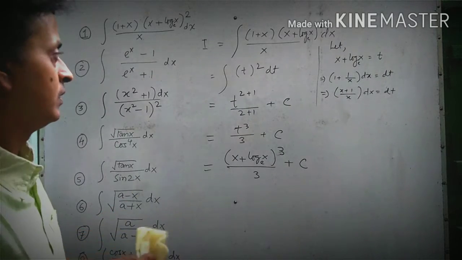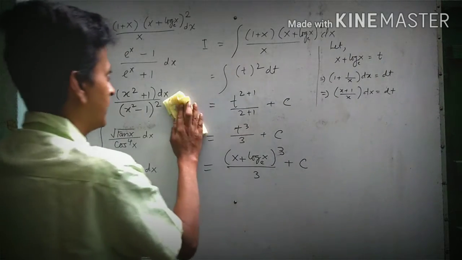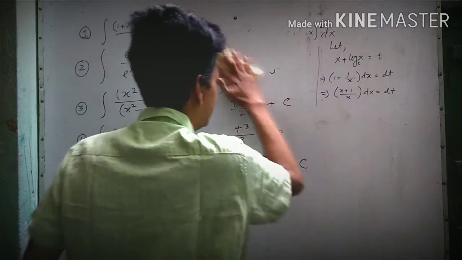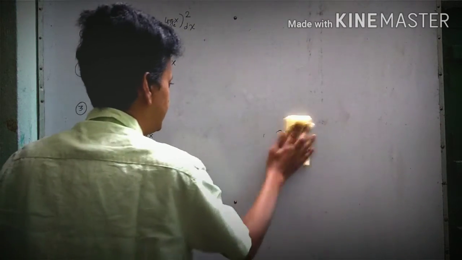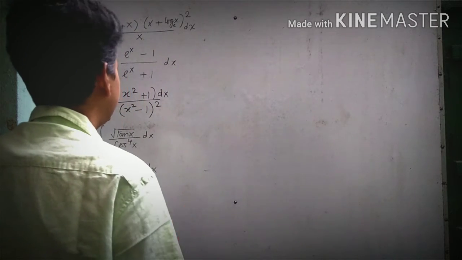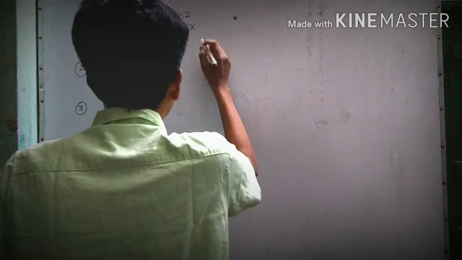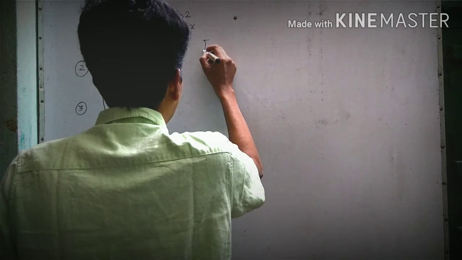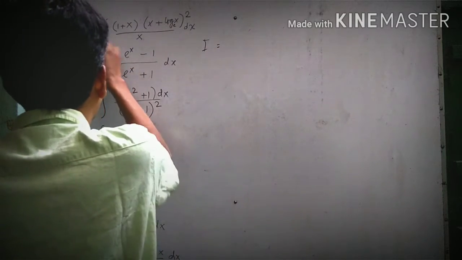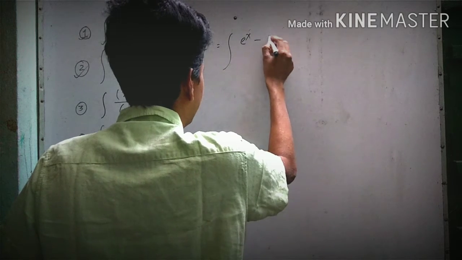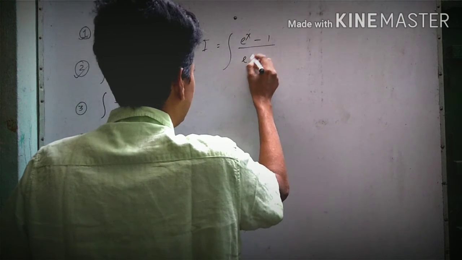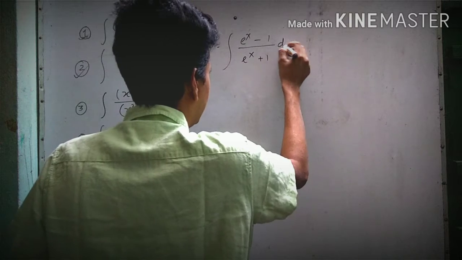Now coming to the next problem. Here it is I equal to integration of (e to the power x minus 1) by (e to the power x plus 1) dx.